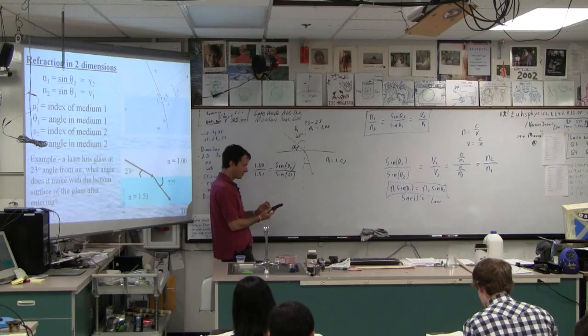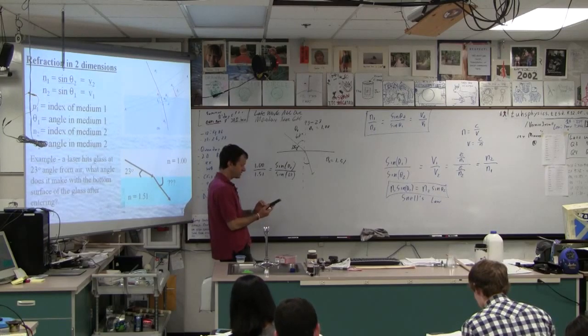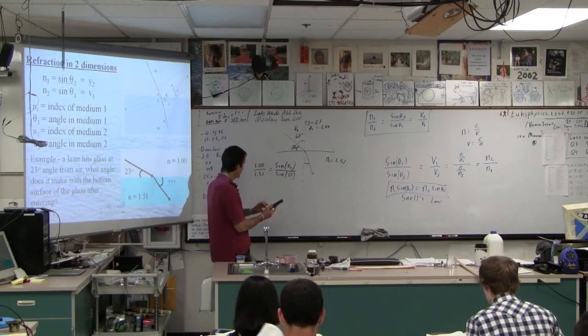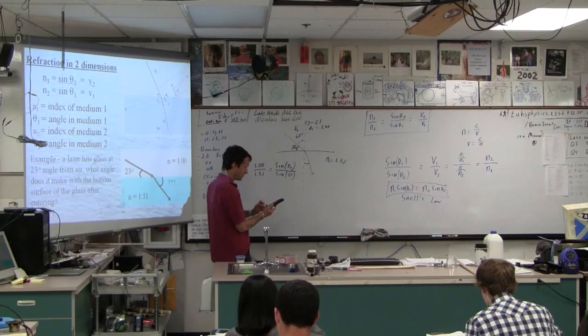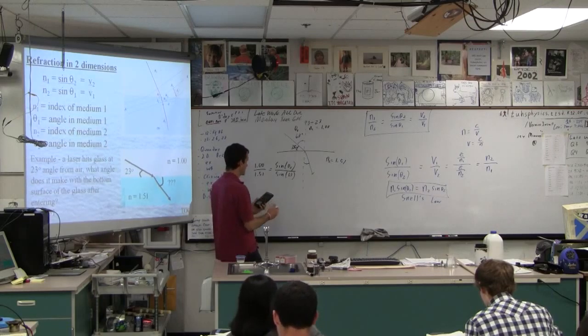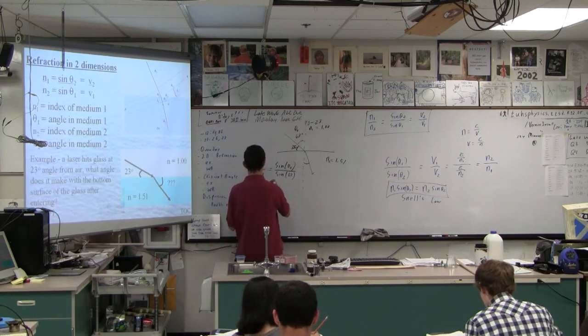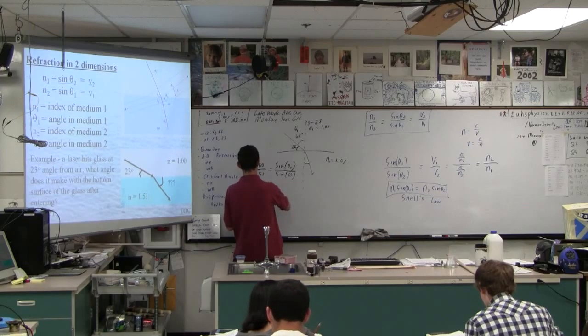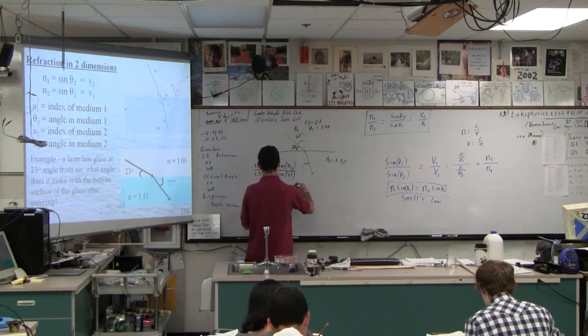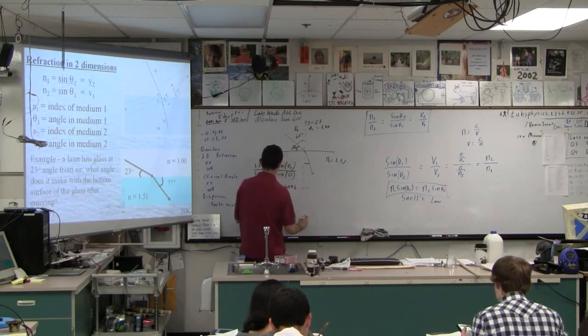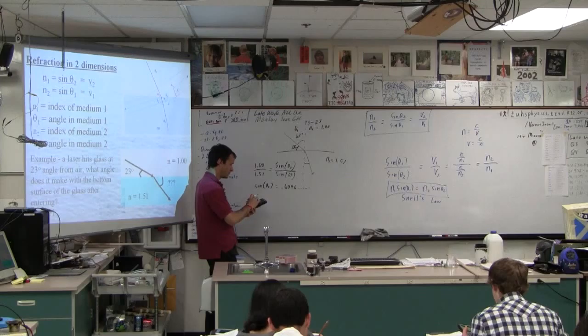Okay. What mode am I in? I am in degrees. This is good. Clear. Okay. Sine 67 divided by 1.51. So I get that the sine of theta 2 equals 0.6096 something, and then I have to take the inverse sine of that.